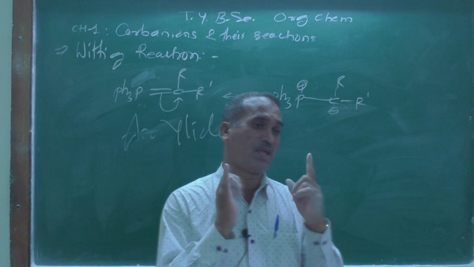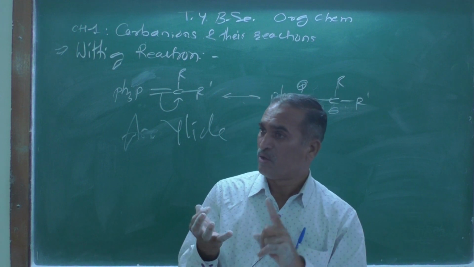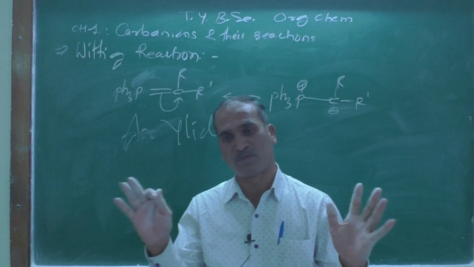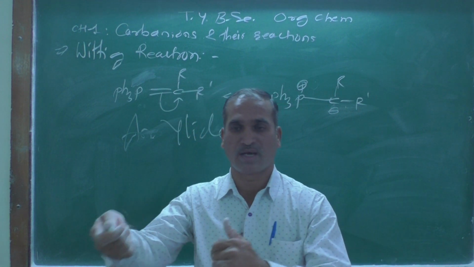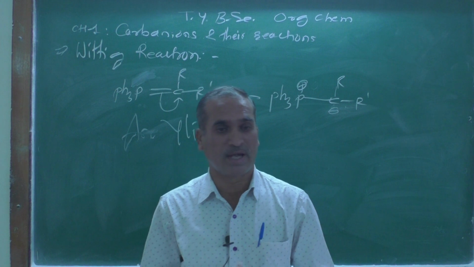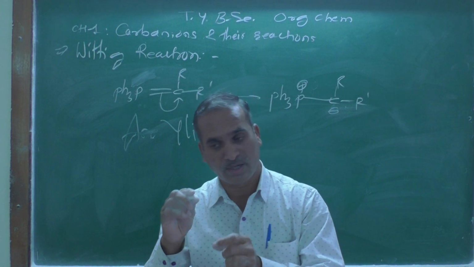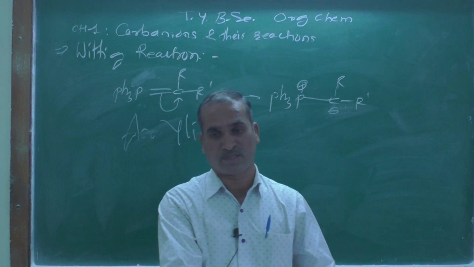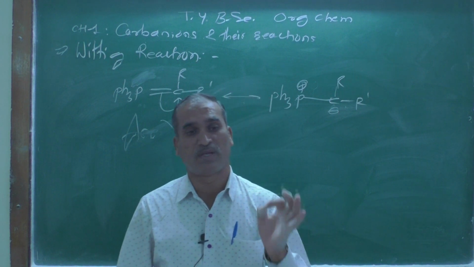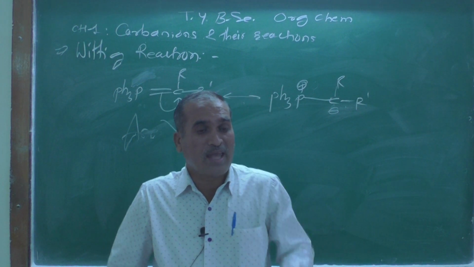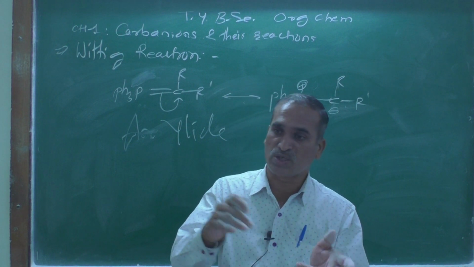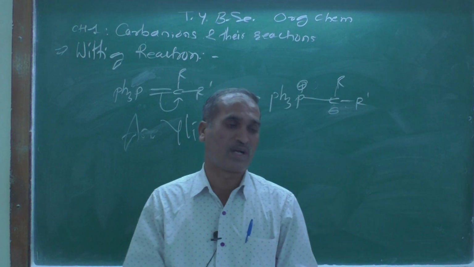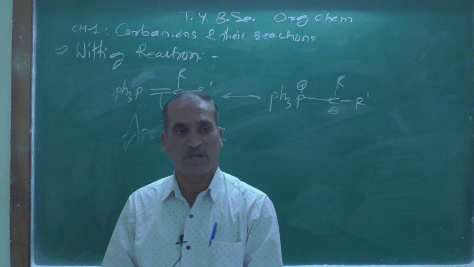In the Wittig reagent, two things you should remember: what do you mean by betaine, and what is an ylide? Most of the students get confused. If the question is about betaine, they write ylide. If the question is about ylide, they write betaine. So don't get confused between betaine and ylide. The ylide is prepared by Wittig, and it is called a phosphorus ylide, or it is a reagent.